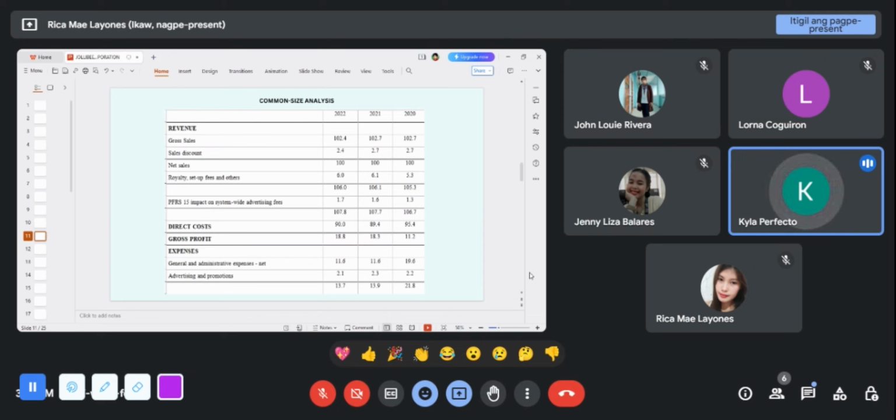And royalties, set up fees, and others in 2022 is 6.0, 2021 6.1, and 2020 5.3. So mas mataas yung percentage dito is yung 2021.